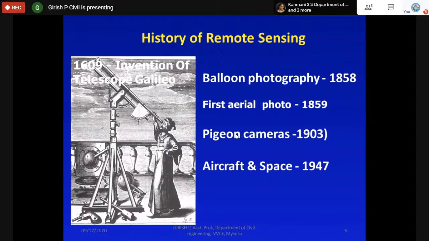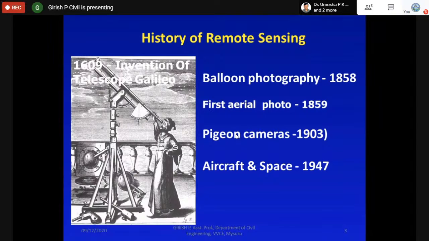So coming to the history and development of remote sensing. Initially, the invention of the telescope. Whatever the various purposes, initially people used the telescope, and then slowly added technology to apply it to various factors in the field.